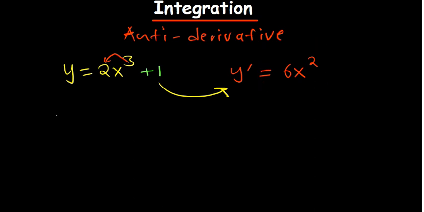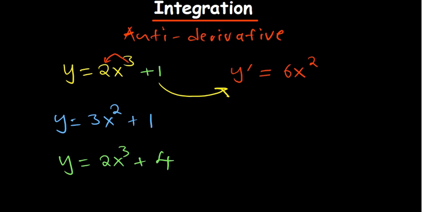For example, maybe you may have another one, 2x to the power 3, but with a different constant. They are all taking us back to the same thing.